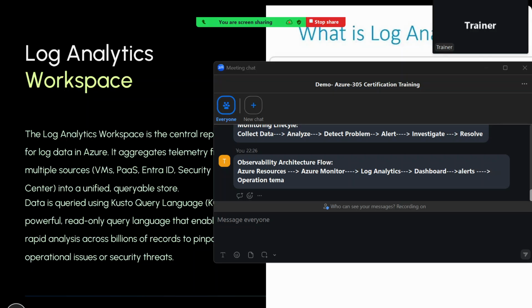Okay, and what does the Metrics Explorer architecture look like? Let me write here.